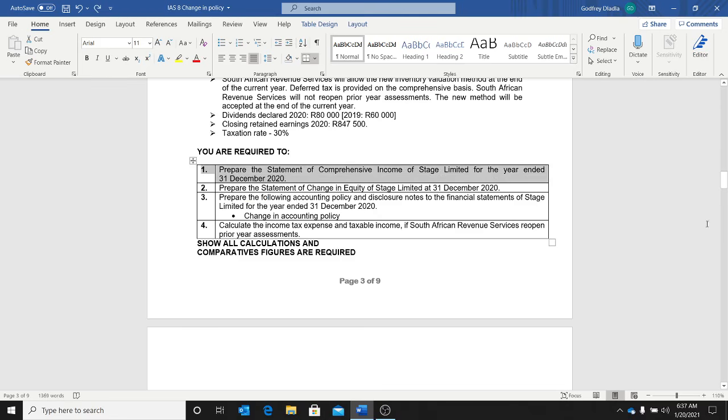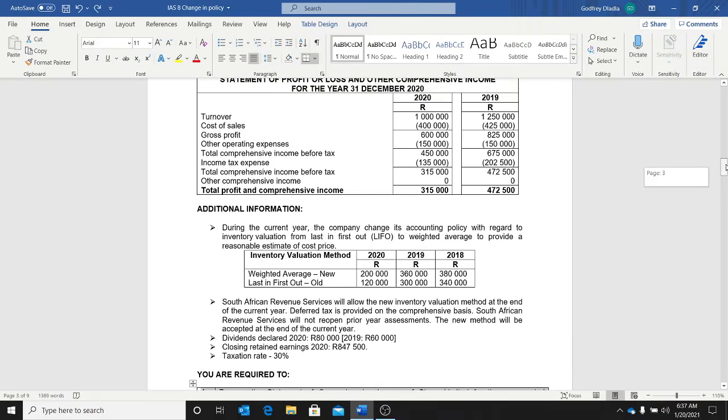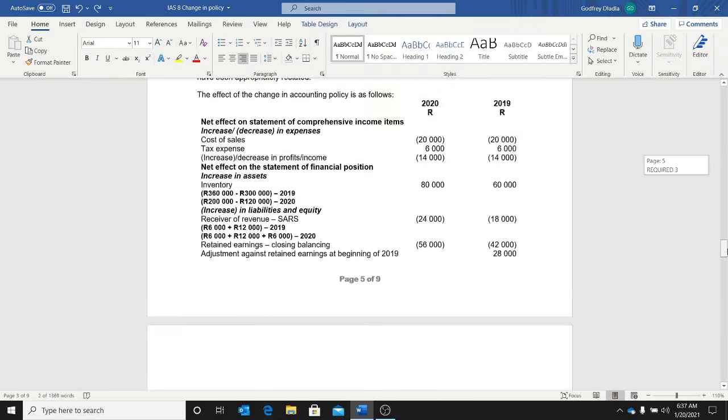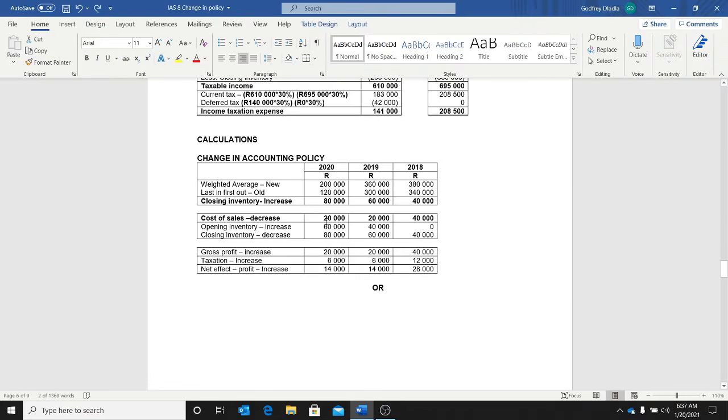Okay. Now, you've got the statement of comprehensive income. Here is your cost of sales. What we know from the calculation is that this 400 must decrease by 20. This 425 must decrease by 20 also, because that is what the calculation is saying here. You'll see it says decrease these 2 years by 20 in cost of sales.